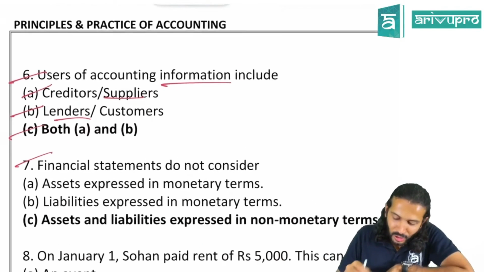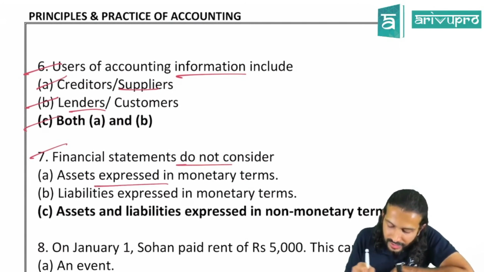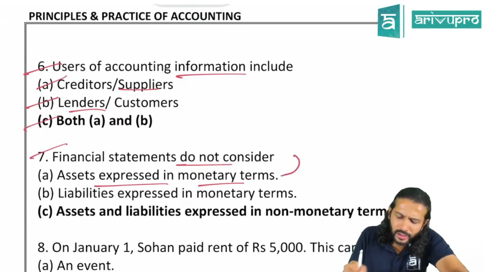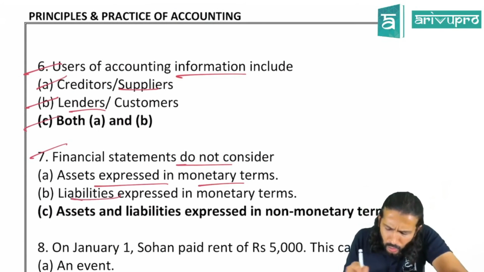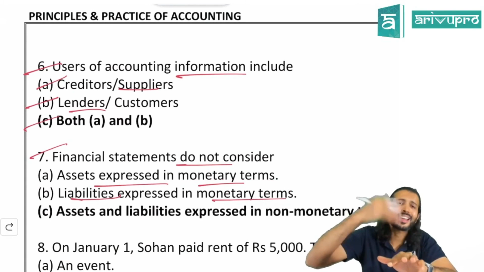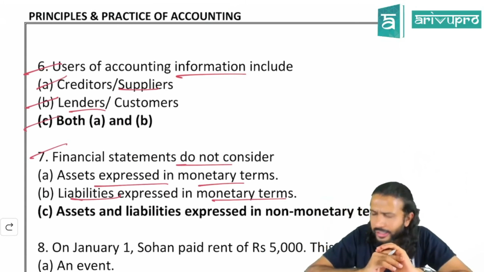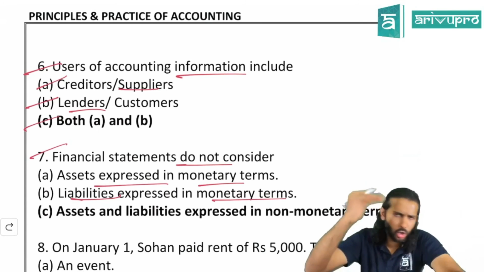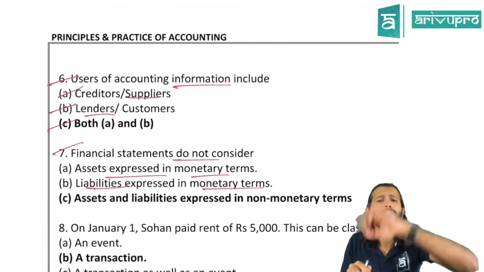Awesome. Financial statements do not consider what? Assets expressed in monetary terms. Will you include monetary items in financial statements? Yes. Will you include liabilities which can be expressed monetarily? Yes. Basically, if a transaction can be expressed in monetary terms, you will record it, so it will come in the balance sheet or P&L. However, if you have non-monetary items, will you show that in financial statements?